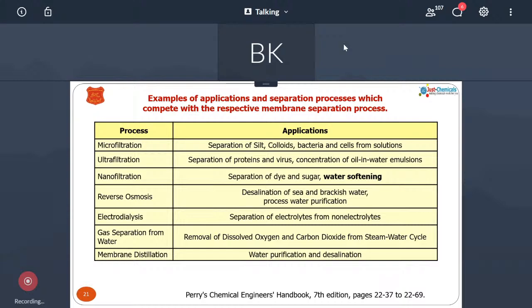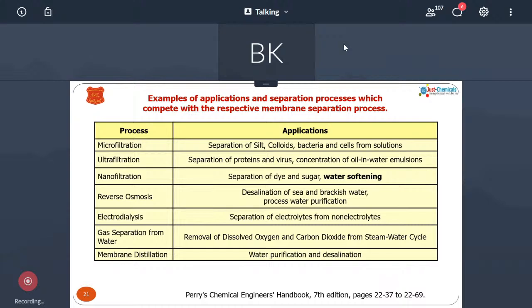Now, another change which has happened in the recent past is that earlier we were using sodium zeolite resin or sodium cation resin for water softening, which was taking calcium and magnesium and releasing sodium into the water.